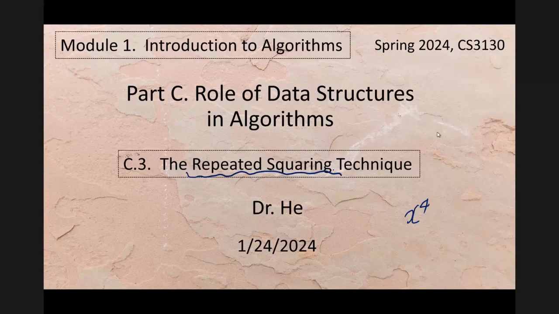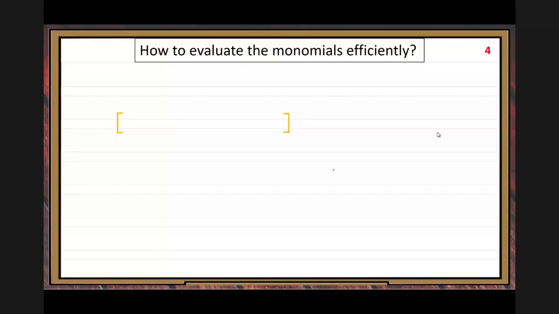Because we can do this repeatedly, and we can calculate any power of x quickly. All right. So here, let me run the whole method. How to evaluate the monomials efficiently.